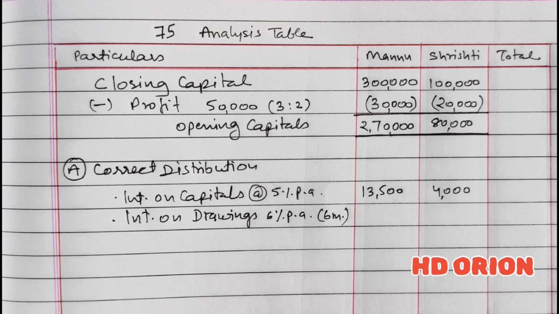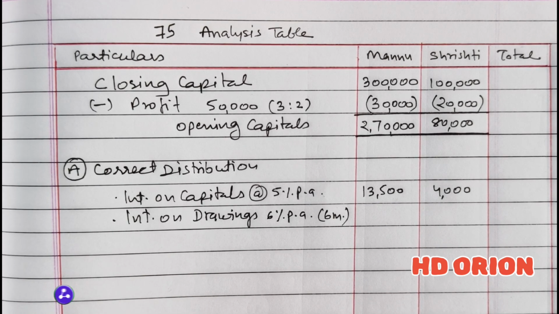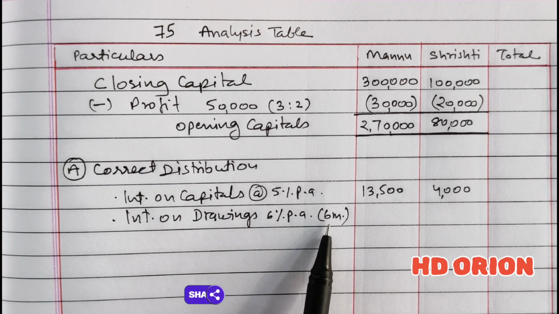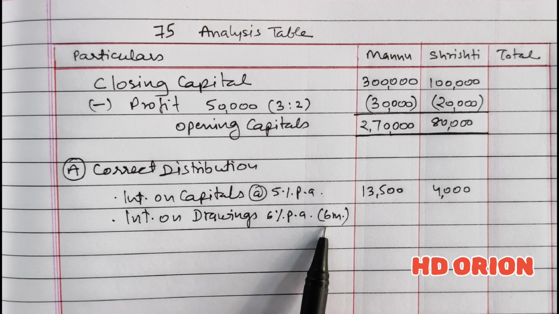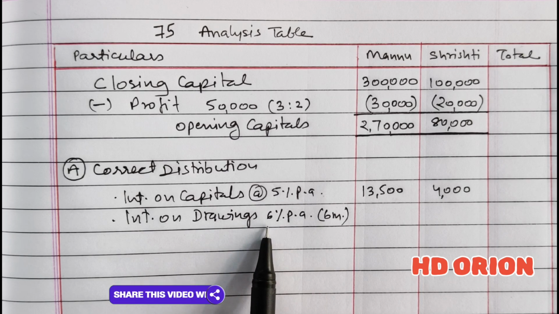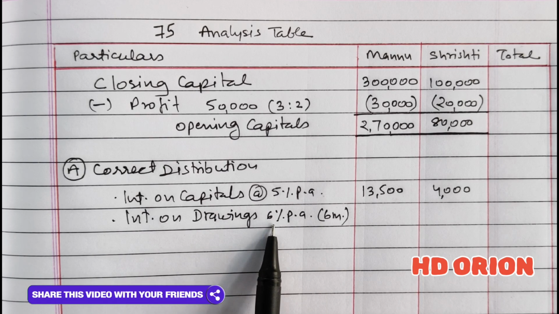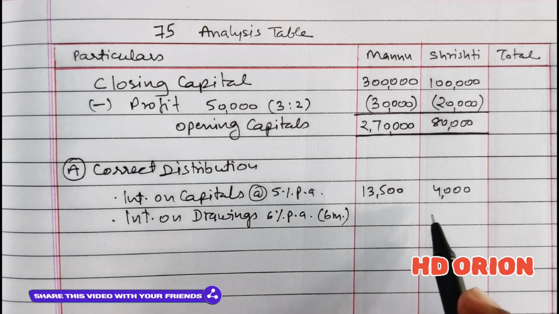Here also the date when the drawings were made by the partners is not mentioned in the question. So at an average for 6 months interest on drawings will be calculated, and drawings are given in the balance sheet on the asset side. For Manu it is 40,000. 40,000 6% is 2,400, and half of which is 1,200.